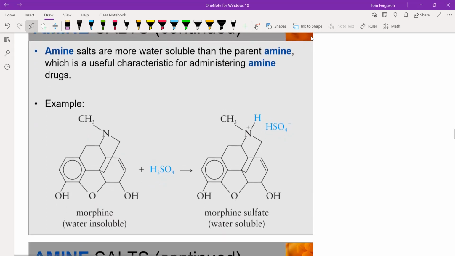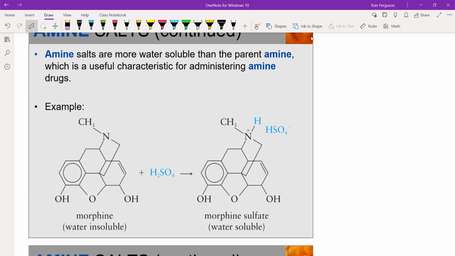Now, this is frequently done when chemists are trying to synthesize drugs that are more mobile in the blood, since the blood is mostly water. You've got to have some kind of polarity to the molecule before it can be moved around in the blood.